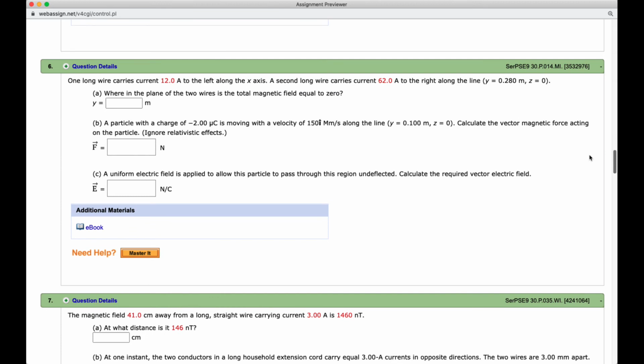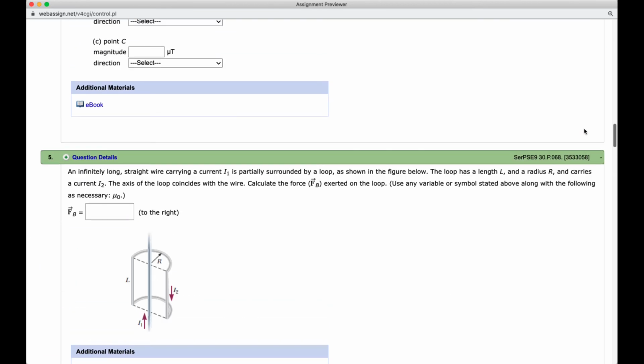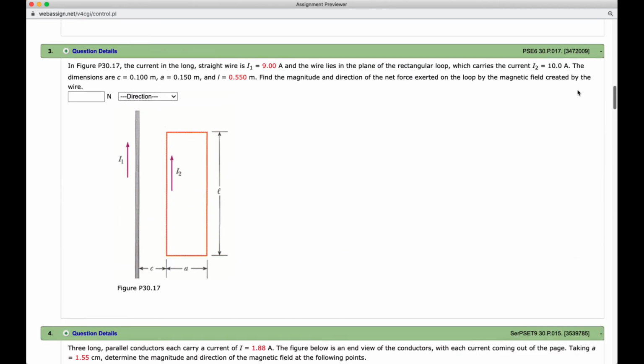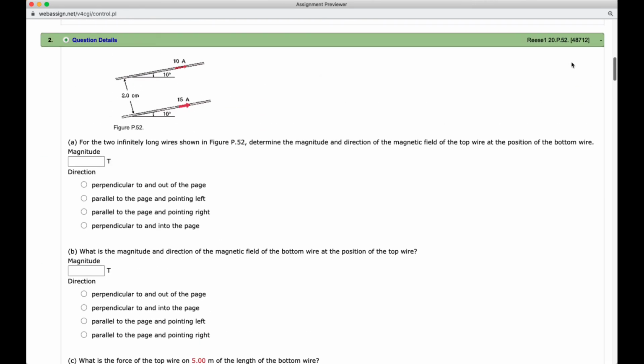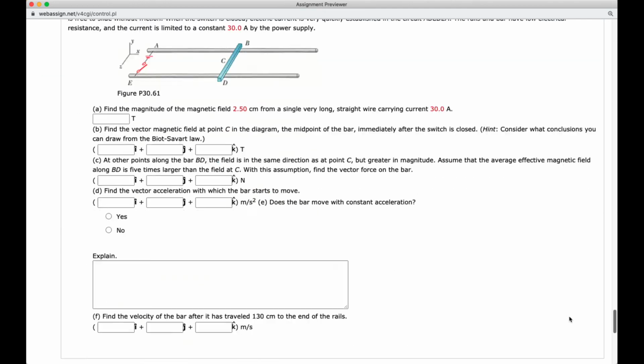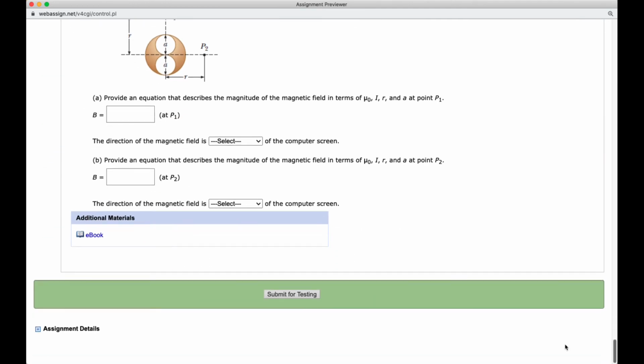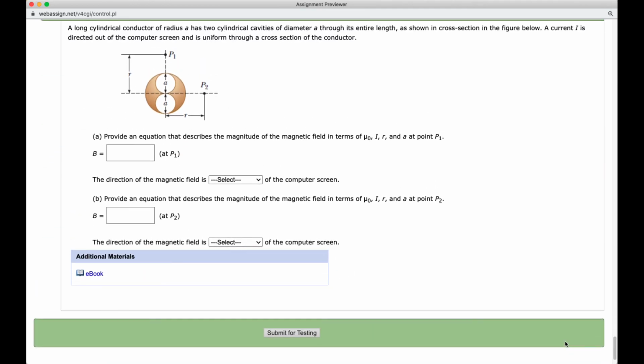I just don't see something super tricky anywhere in here. I think 16 is the trickiest one. Of course, if you look in the book, it's a red-coded problem.